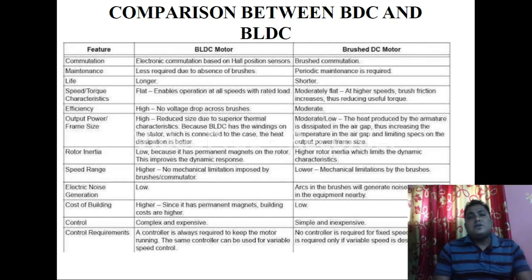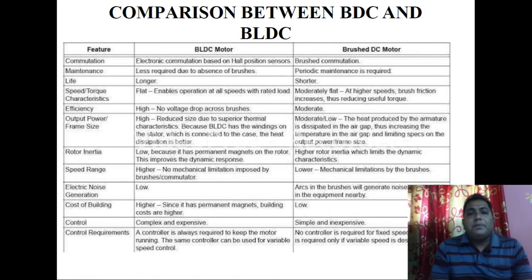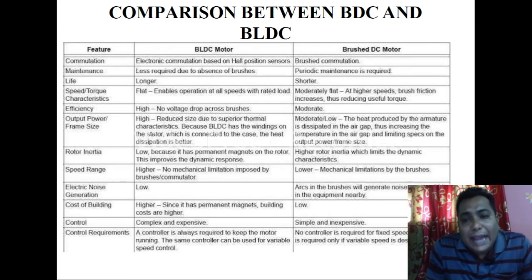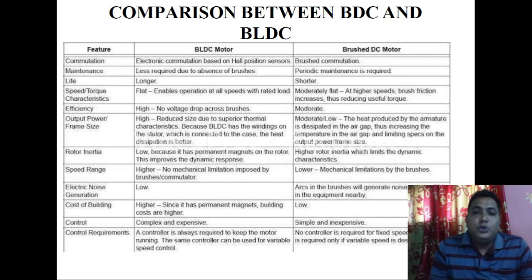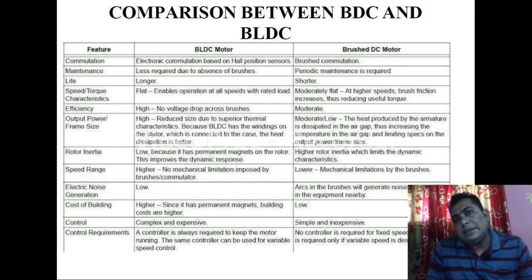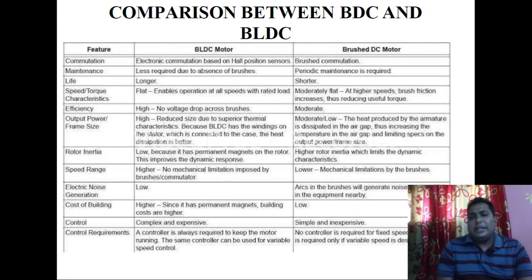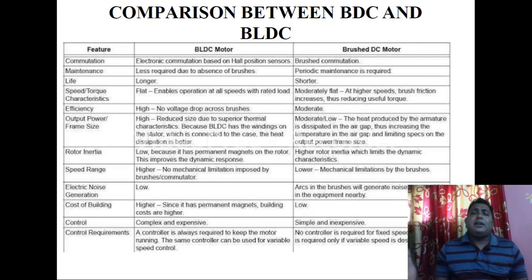Now the speed control characteristics: the BLDC has a flat operation at all speeds with rated load, and in the case of brushed DC motors it is moderately flat; at higher speed brush friction increases, thus reducing useful torque. Now the efficiency: the efficiency of this machine is very high, with no voltage drop across brushes, and in the case of a brushed DC motor it is moderate. That means standard efficiency is there, but not high.